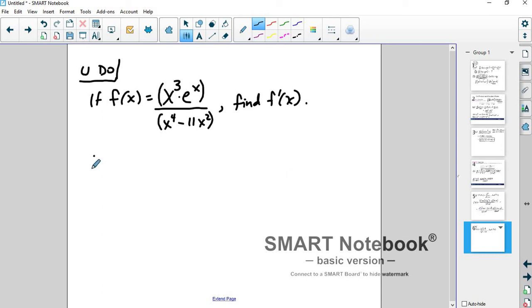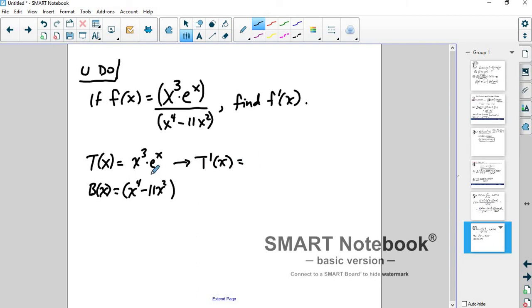Okay, so to accentuate what's going on here, I'm going to break it up this time. T of x is the entire numerator, x cubed times e to the x. B of x is the denominator, x to the fourth minus 11x squared. All right? So when I go to take the derivative of the top, which is part of my quotient rule, what do I have in the top?